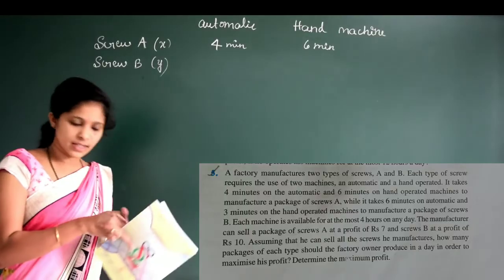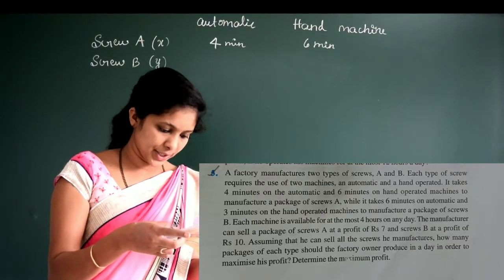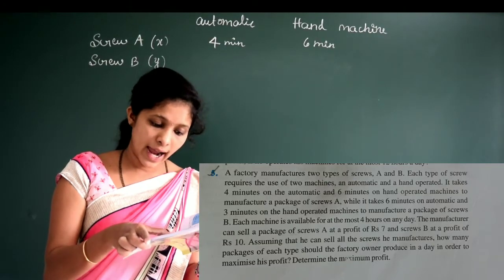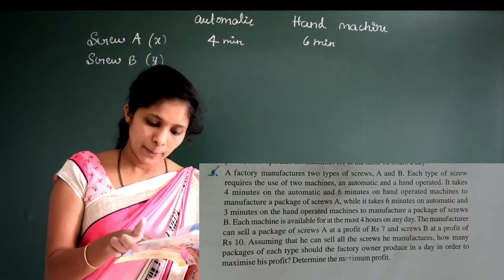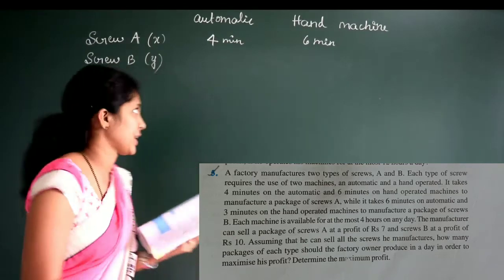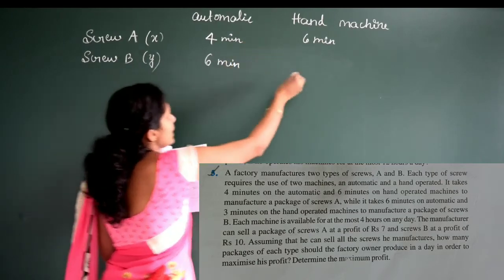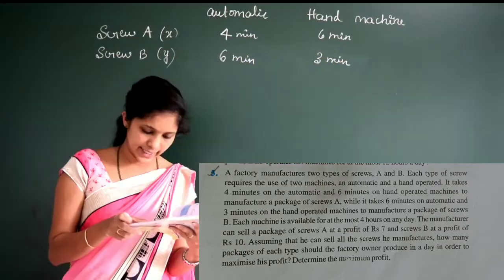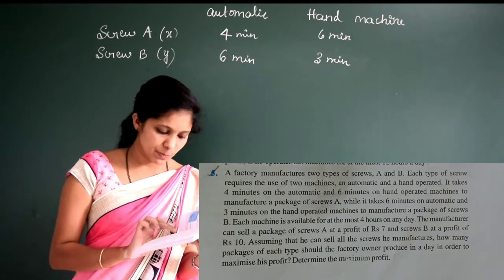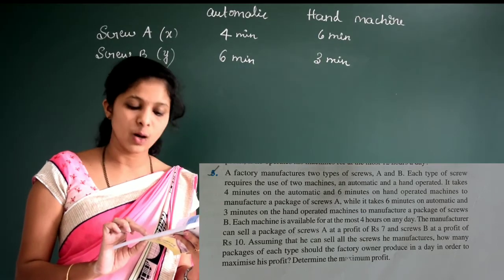For screw B, it takes 6 minutes on automatic and 3 minutes on hand operated machines to manufacture a package of screw B. So this will be 6 minutes, and on this one, hand, it will be 3 minutes.